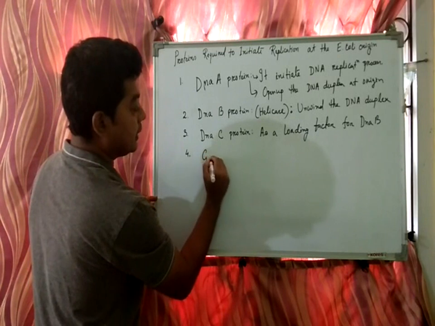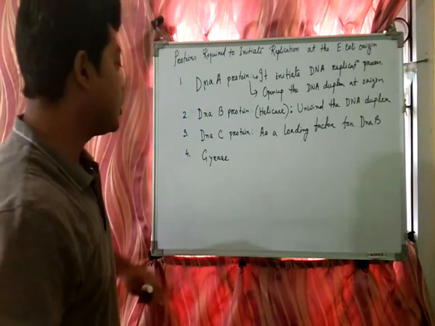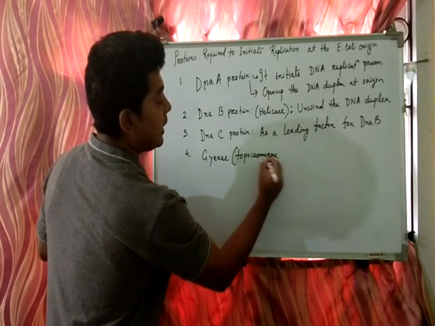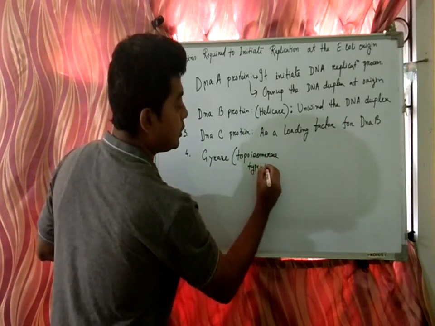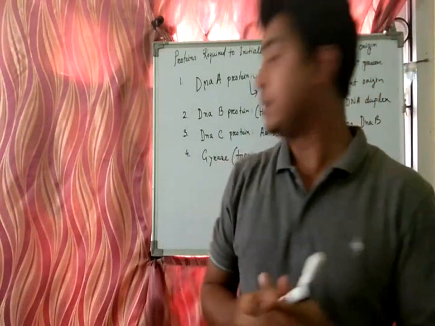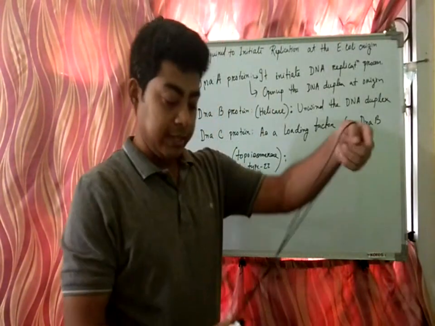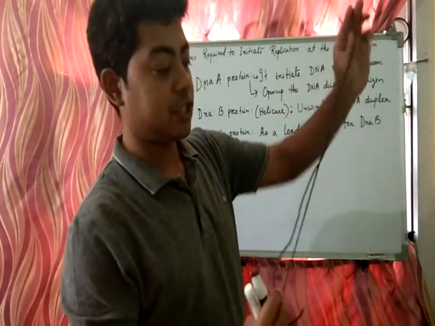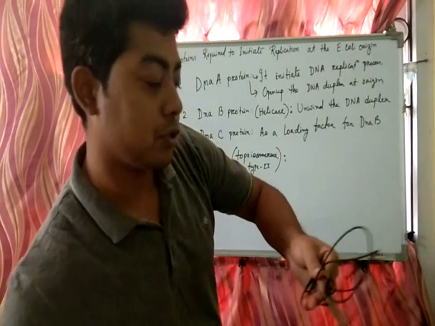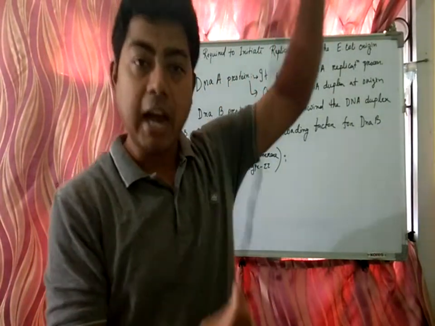Okay, another important enzyme is gyrase. It shows the activity of topoisomerase type 2. So what is the function of this gyrase or topoisomerase? As we know, DNA has a double helix structure, bound with the help of hydrogen bonds.